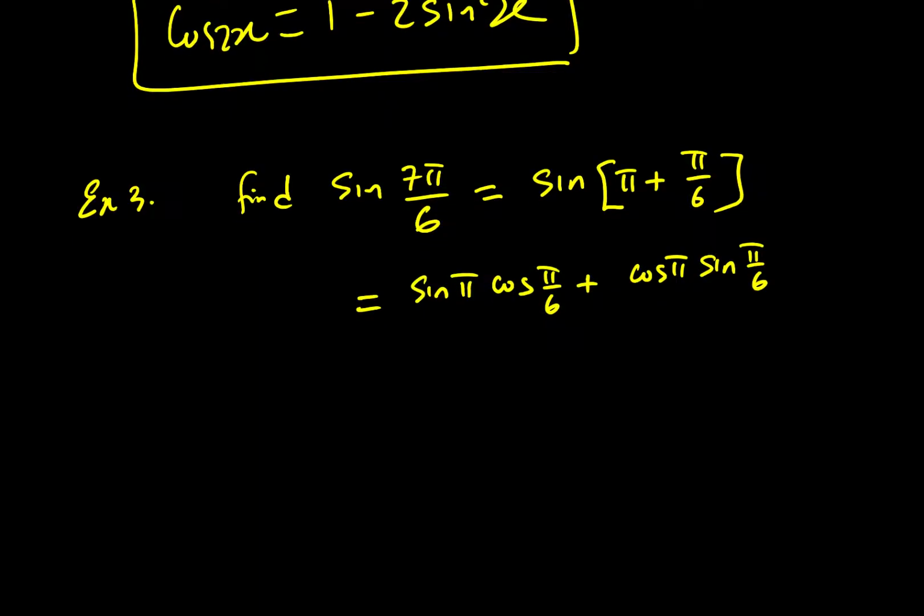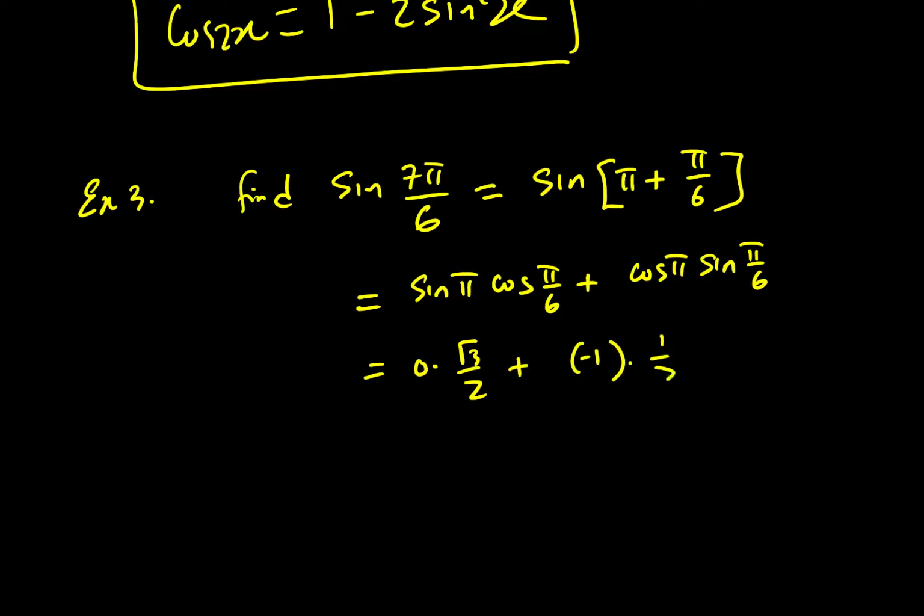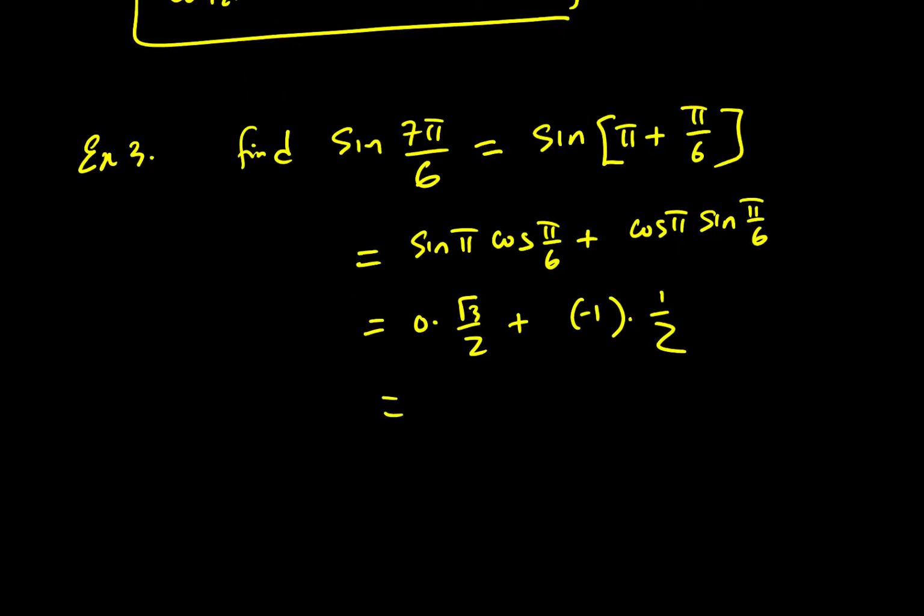This is the same as 0 multiplied by root 3 over 2 plus negative 1 multiplied by half, which will give us negative half.